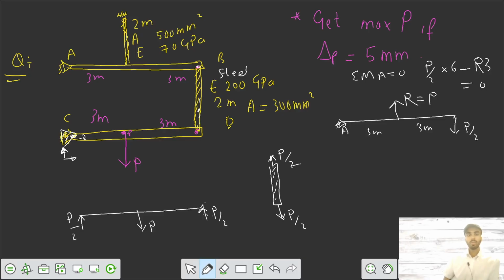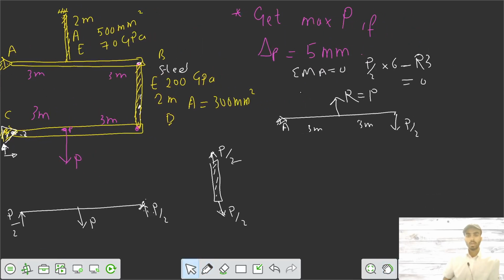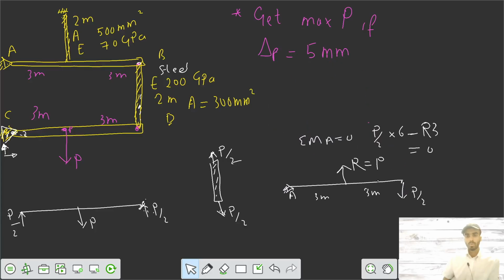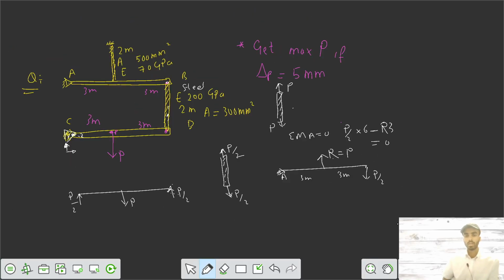Once R equals P, same force has to be transferred to the aluminum bar of 2 meter. Here it is R upwards, it has to be downwards, R equals P. Okay, so we have done all the free body diagrams.